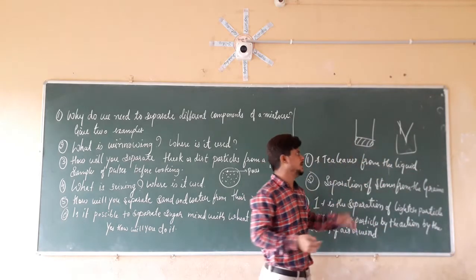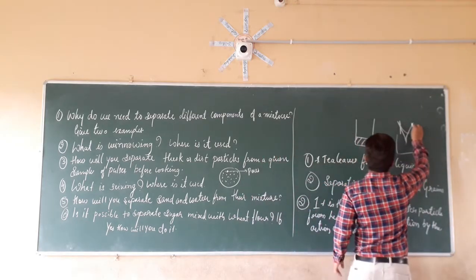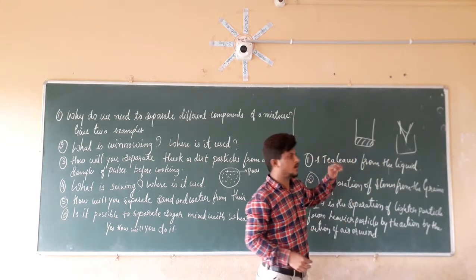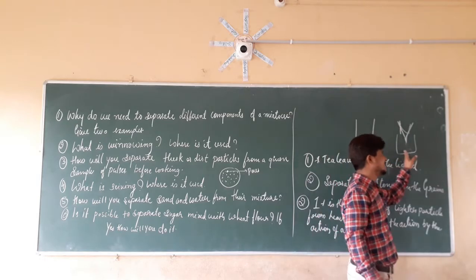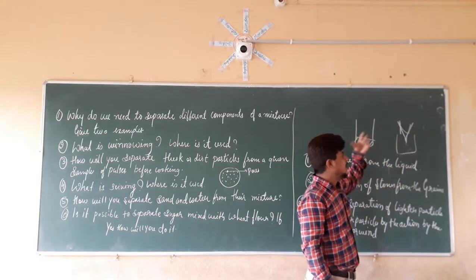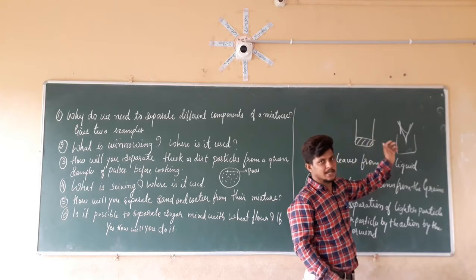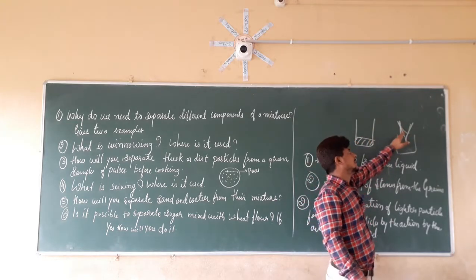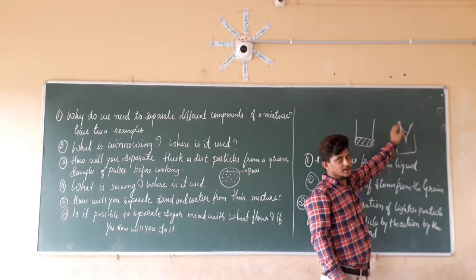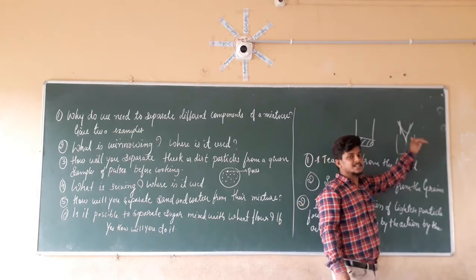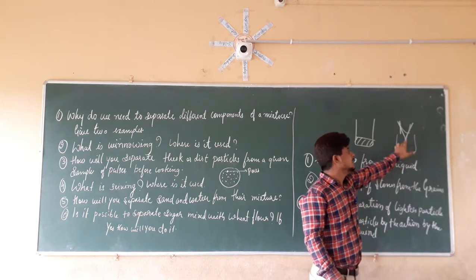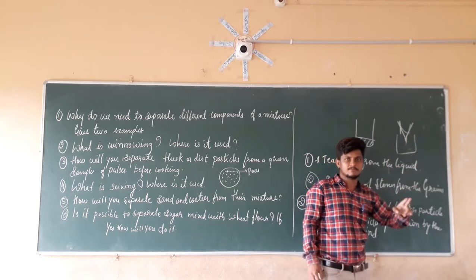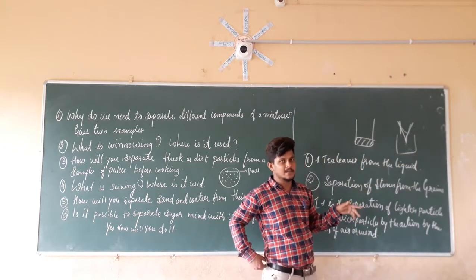When you pour all the mixture here, the water present in the mixture is going to settle in the container, and the sand particles are going to remain in the funnel or in the cloth. So the sand particles are separated as well as the liquid, by using the filtration method, or by the sedimentation method.